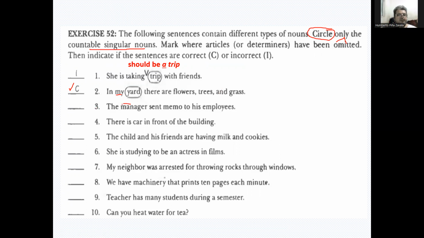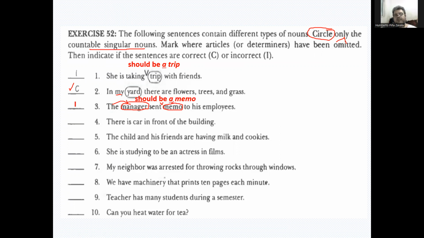You got the manager, memo, right? These are the singular countable nouns. So we have manager, so the manager. Okay, specific one. But here we're missing something, right? It should be the manager sent a memo to his employees.